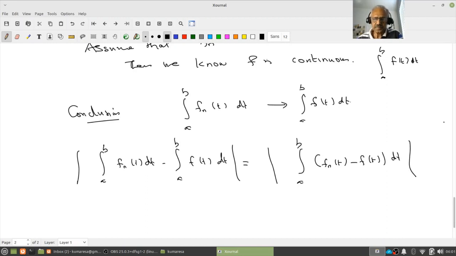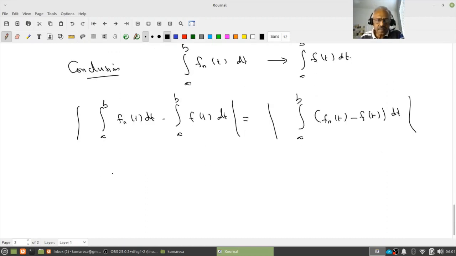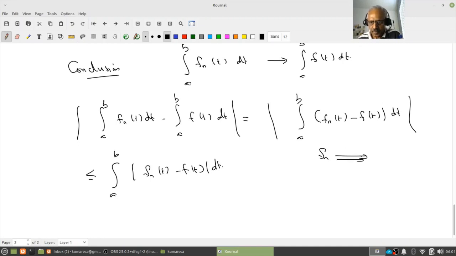But by the last integral inequality, this is less than or equal to the integral of the absolute value of f_n of t minus f of t dt. Now you should know how to prove it on your own, right? Since f_n converges to f uniformly on [a, b], if you give an epsilon positive, I know there exists a capital N, a natural number, so that what happens?